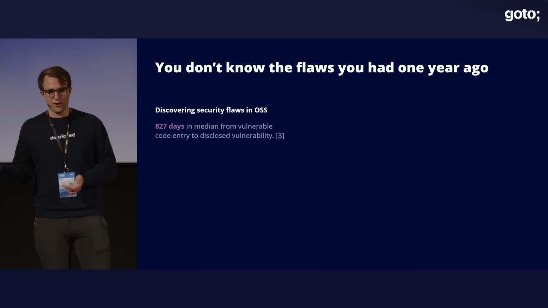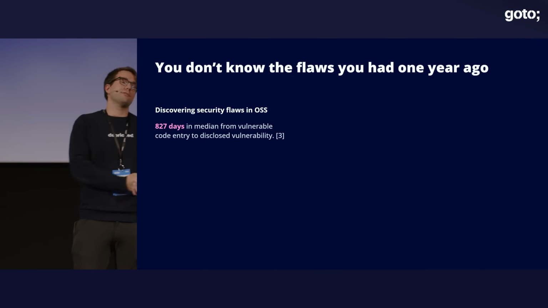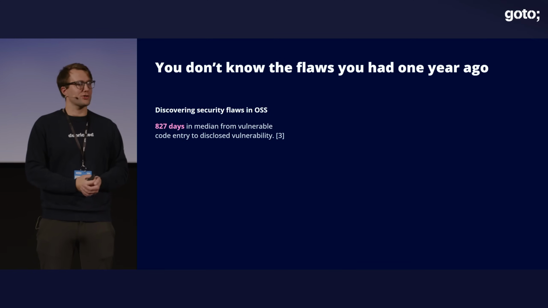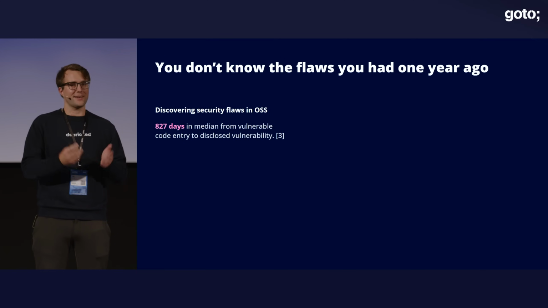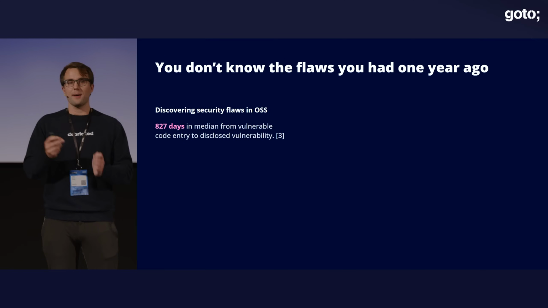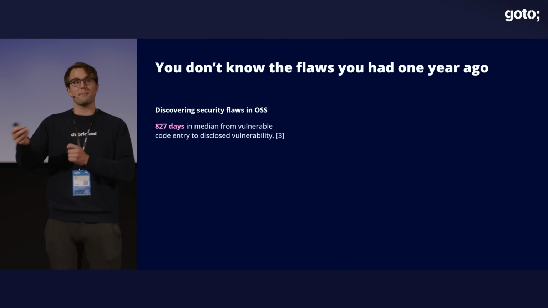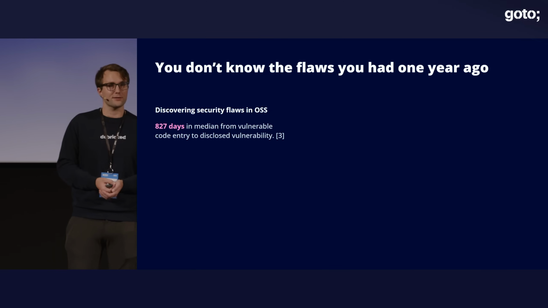Looking at these different flaws, it takes about 800 days for an open source project to discover that they have a weakness in their code and publish a vulnerability report on that particular weakness.